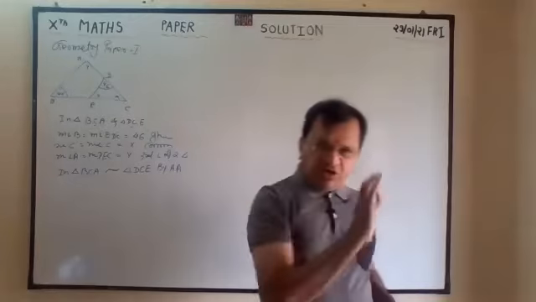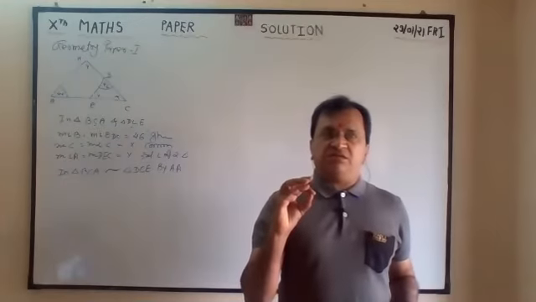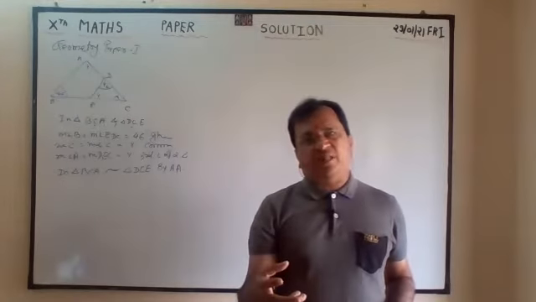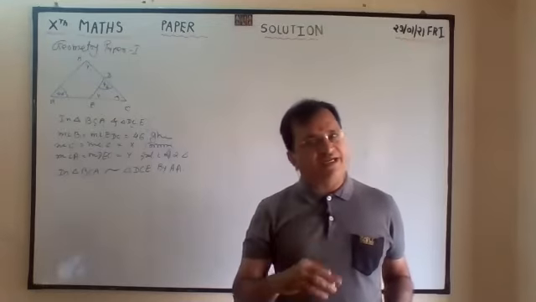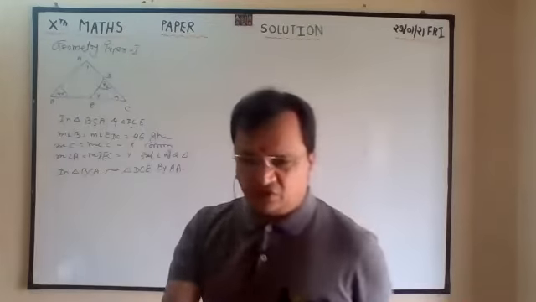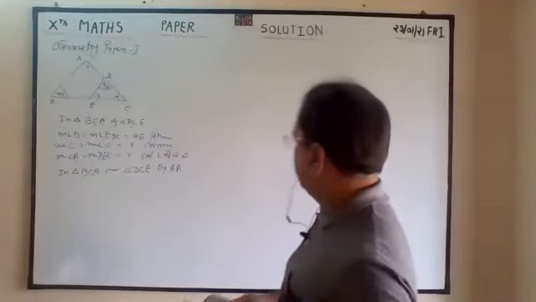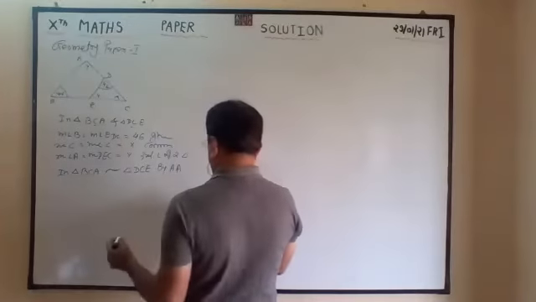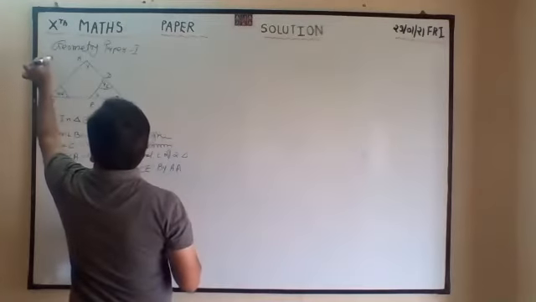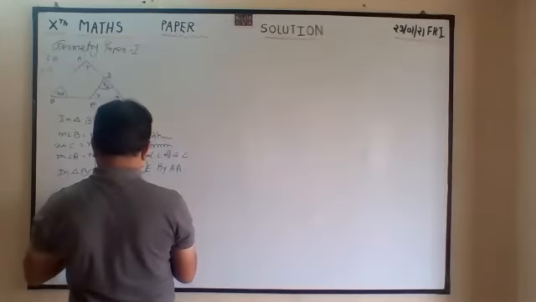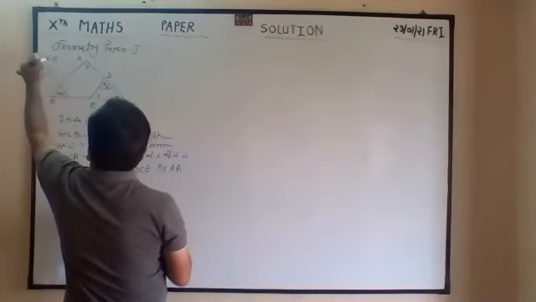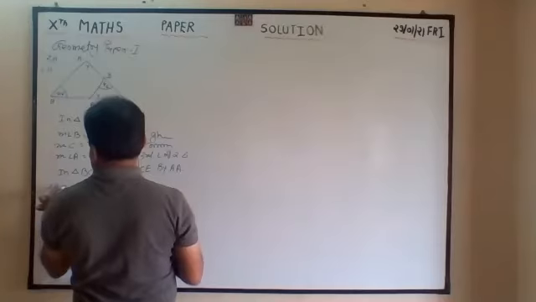Inscribed angle theorem is not there, but semicircle is there. So the angle inscribed in a semicircle is a right angle. That they have covered as a second. So 3A first, second A first, sorry. Now second A second.